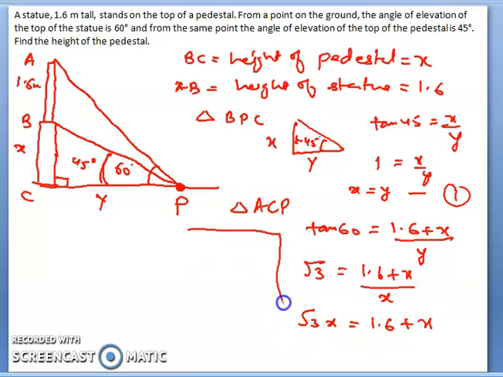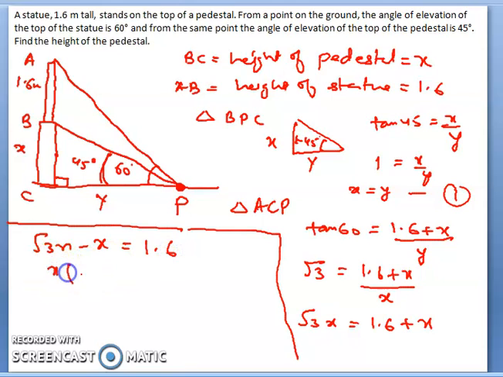Now moving to the next, we'll shift x on the left side, and then we can take common. So we'll write here x times root 3 minus 1 is equal to 1.6. So x is equal to 1.6 upon root 3 minus 1. If you want, you can rationalize this one.